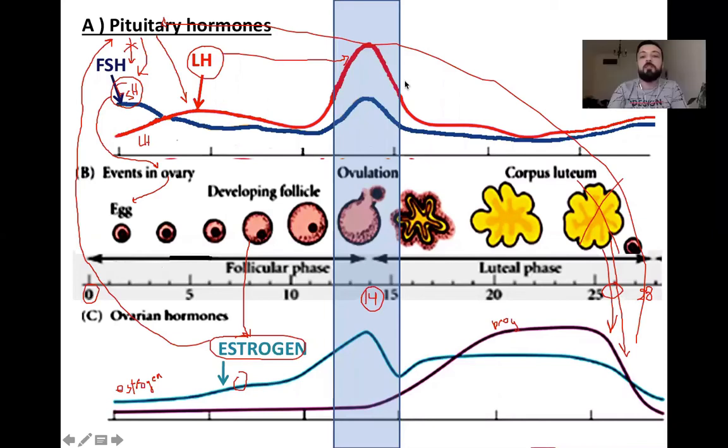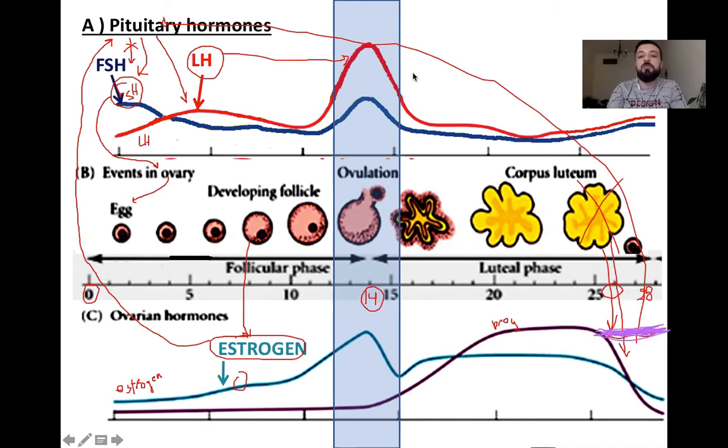Because once pregnancy takes place and the placenta is formed, the placenta will continue the job of the corpus luteum, and it will continue secreting the progesterone hormone. Meaning that if I'm going to draw a graph, the progesterone levels should remain constant like this.